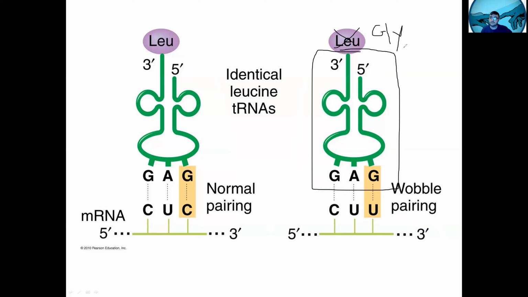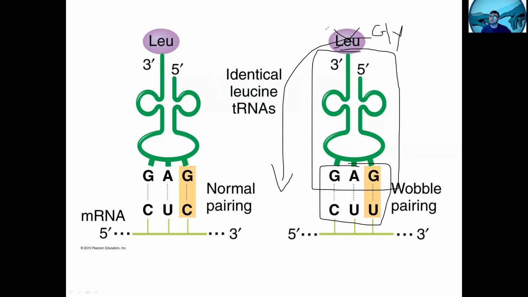Wherever the DNA sequence told you to put leucine, it would instead put glycine, because it would say, okay, well, the pairs match, GAG matches with CUU. Okay, take the amino acid that's bound here, put it on the growing amino acid chain. But it wouldn't put leucine like it's supposed to, it would instead put glycine. Okay, so that's a very MCAT-like question that they would ask.